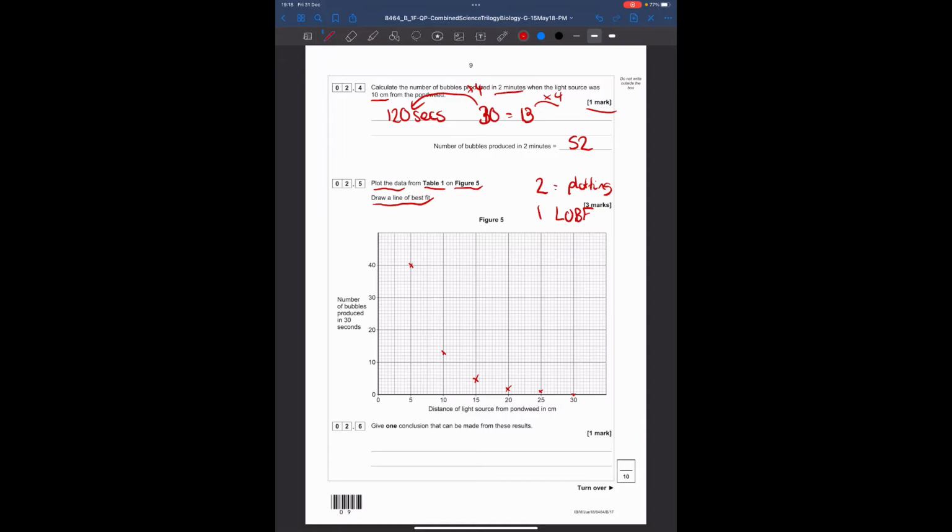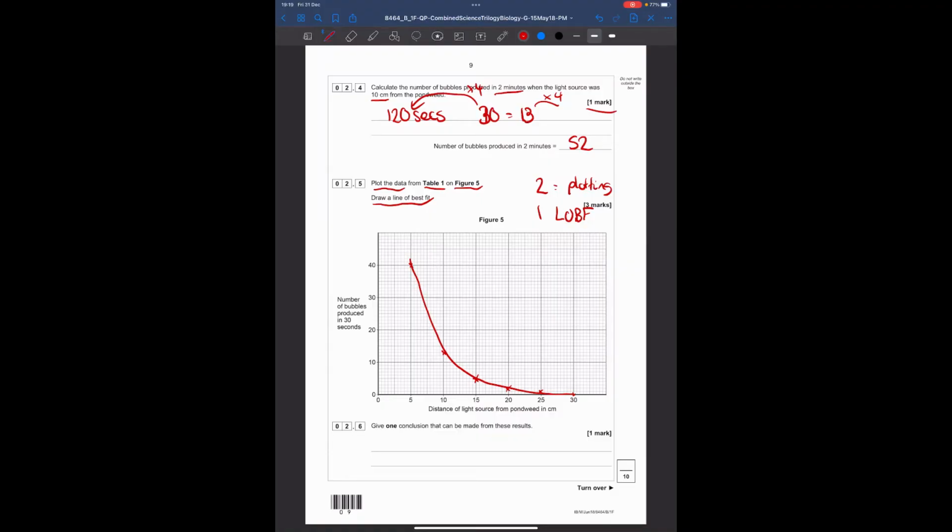So, assuming that you've plotted your points correctly, you could then, and I always find it easier to turn the page at this point, draw your line of best fit, and it should be a nice smooth curve going round. Remember, in science, your lines of best fit can either be curves or straight lines. Normally in maths papers, it's always a straight line, but in science, they can be curved as well.